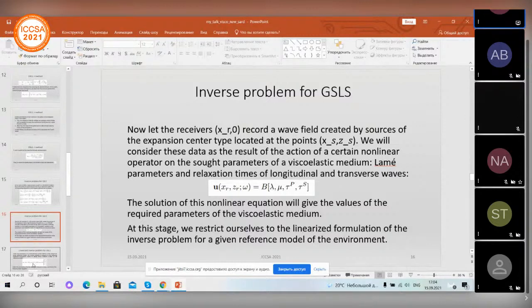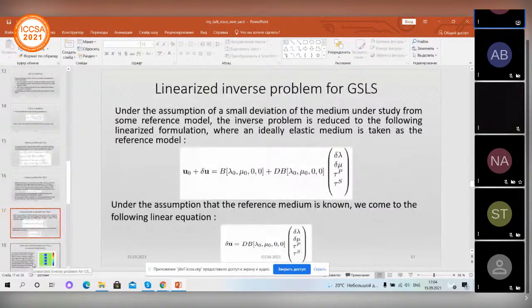Of course, it is a rather difficult problem, and we are not going to deal with the full nonlinear statement. We will suppose that we already know the structure of our medium rather well, that is, we know the reference medium, and we suppose that the reference medium is without attenuation.